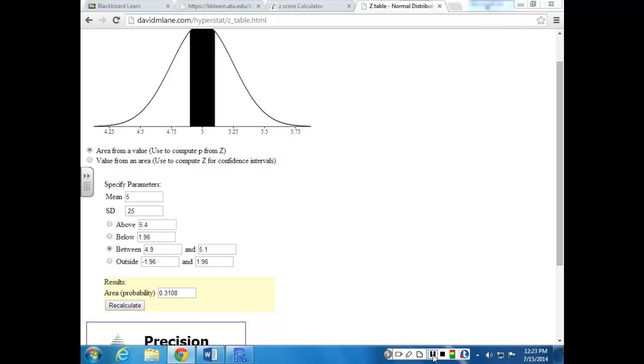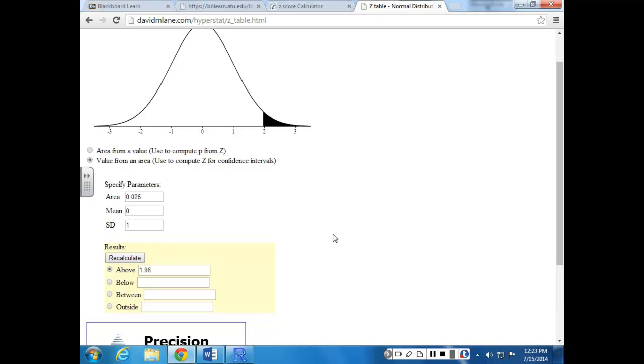What I do want to show you now is they also have value from an area.